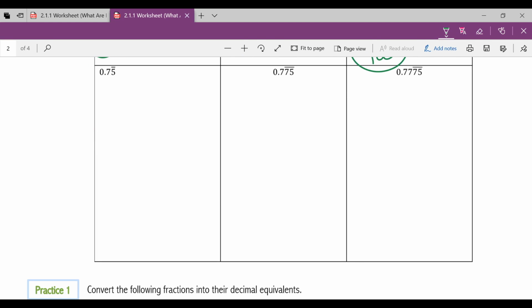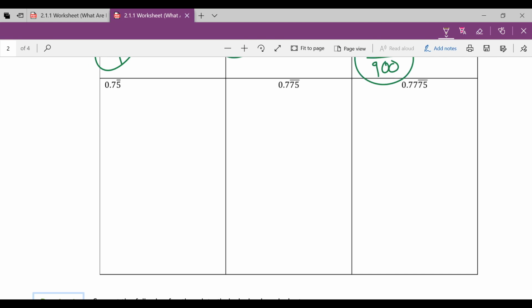You can't be expected to know what's going to happen to this straight off. So now we have 0.75555555. Fives go on forever. Well, the first thing I'm going to do is break this apart because I want you to recognize that 0.755555 is actually equal to 0.7 plus 0.05 repeat.